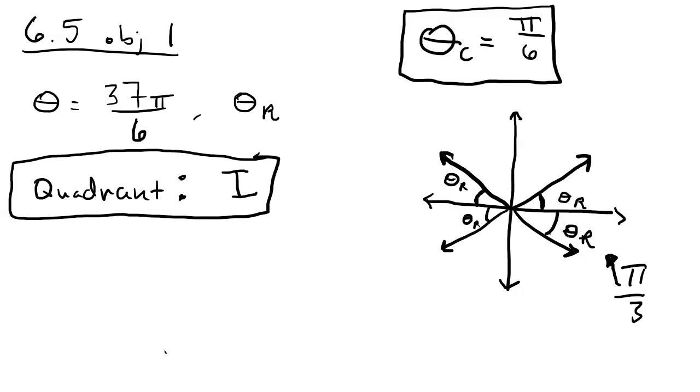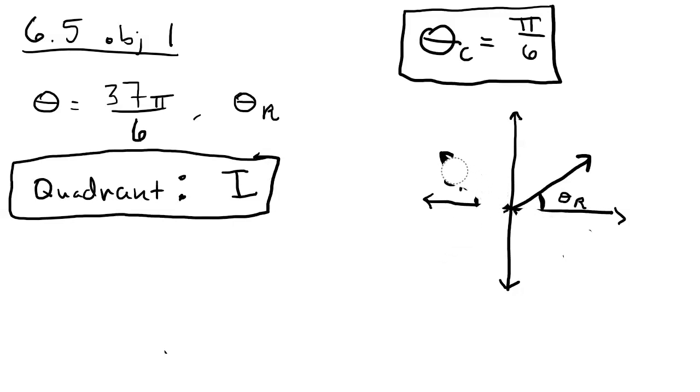So let me erase that, because that is not meant to say pi over 3 for that reference angle. In this specific example, since our coterminal angle is pi over 6, what that means is that our reference angle right here is going to be simply equal to pi over 6.